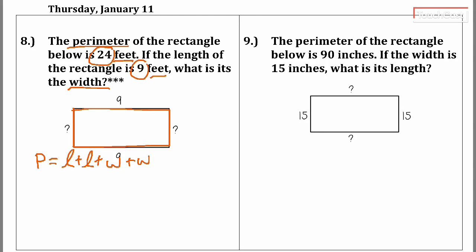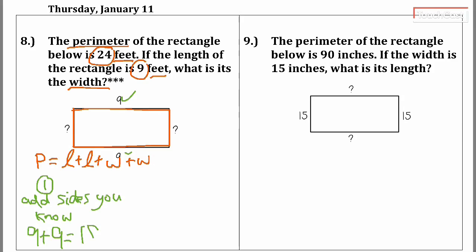Last year, what we looked at were 3 very simple steps. Step 1 was to add the sides you know. And luckily, they're given to us and they're drawn out for us. 9 and 9. I know that I have a length of 9. So 9 plus 9 is 18.